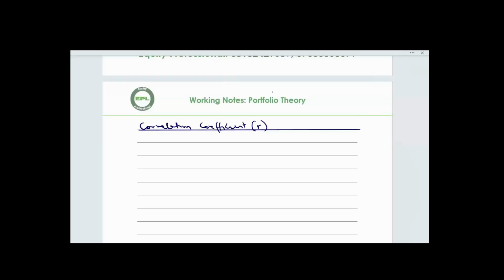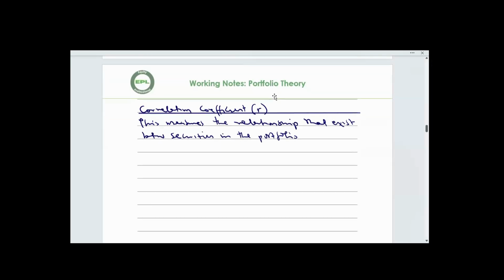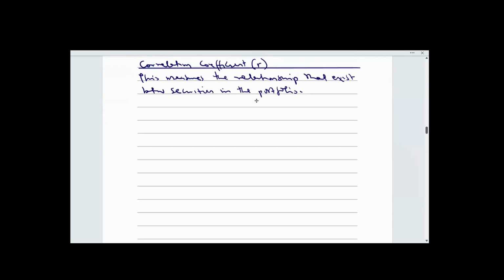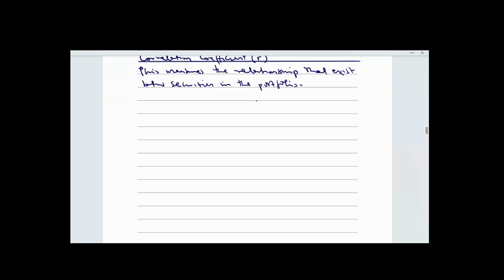So when you want to measure how securities in a portfolio relate to one another, you need to estimate the correlation coefficient.